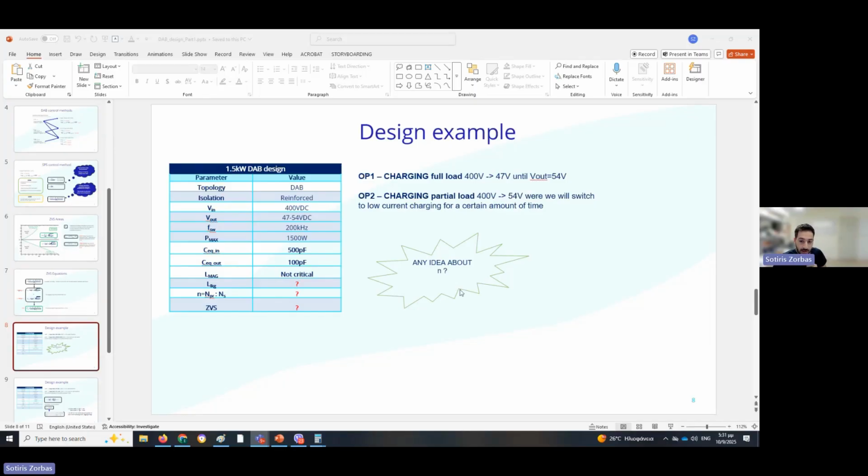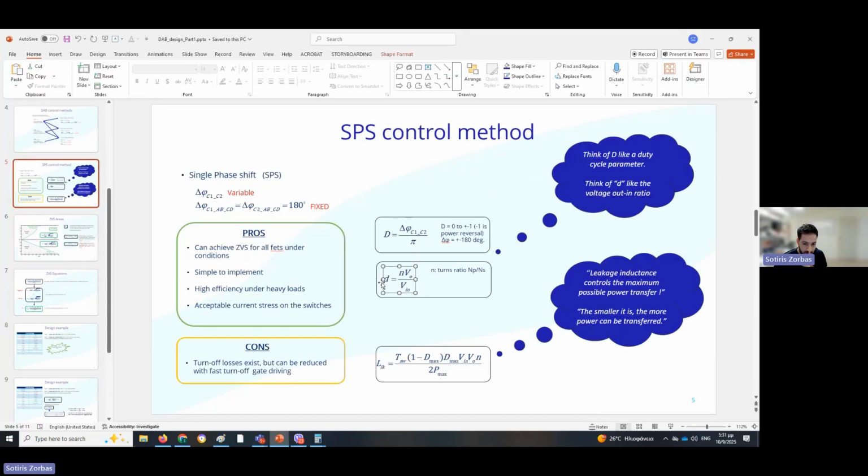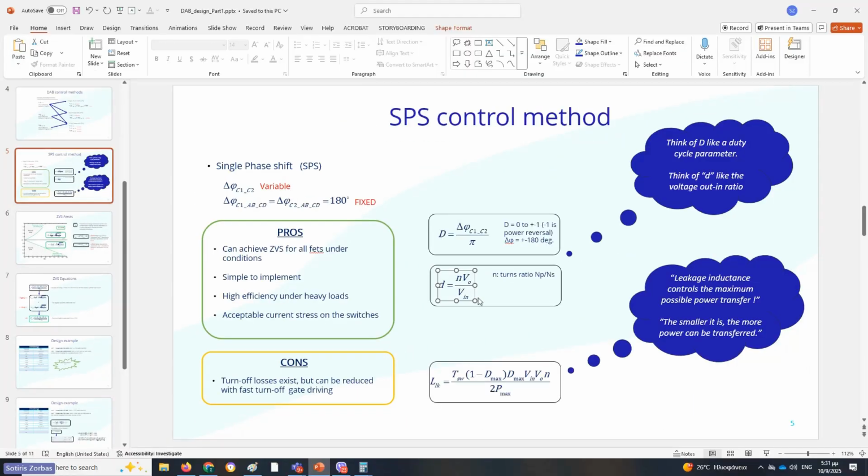But what N should I choose? Okay, D equal to 1. You got that right. But N has another thing going on. So D equal to 1, okay. N will be simply, if you take this equation, it's straightforward, but what should the output voltage be? 47 or 54 volts?